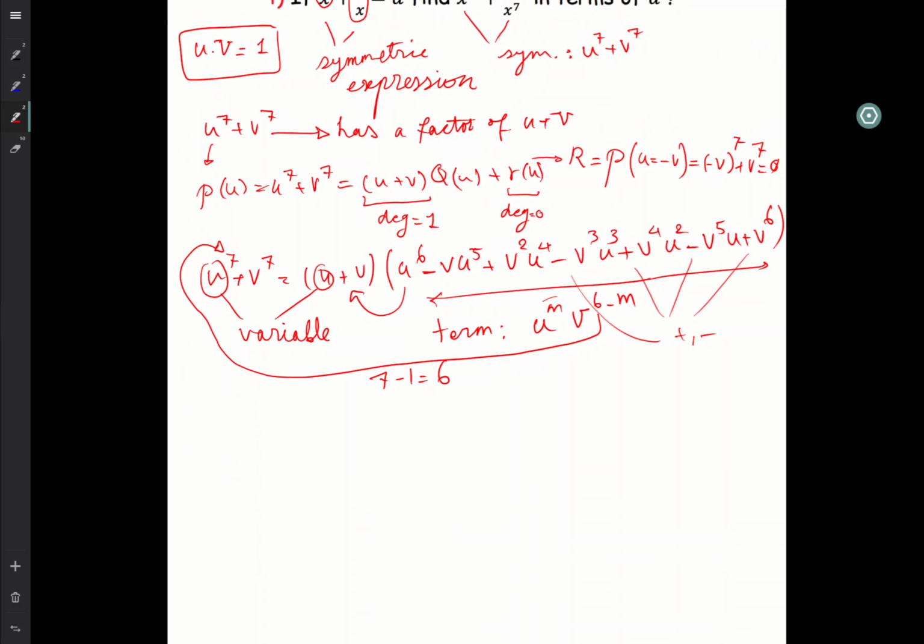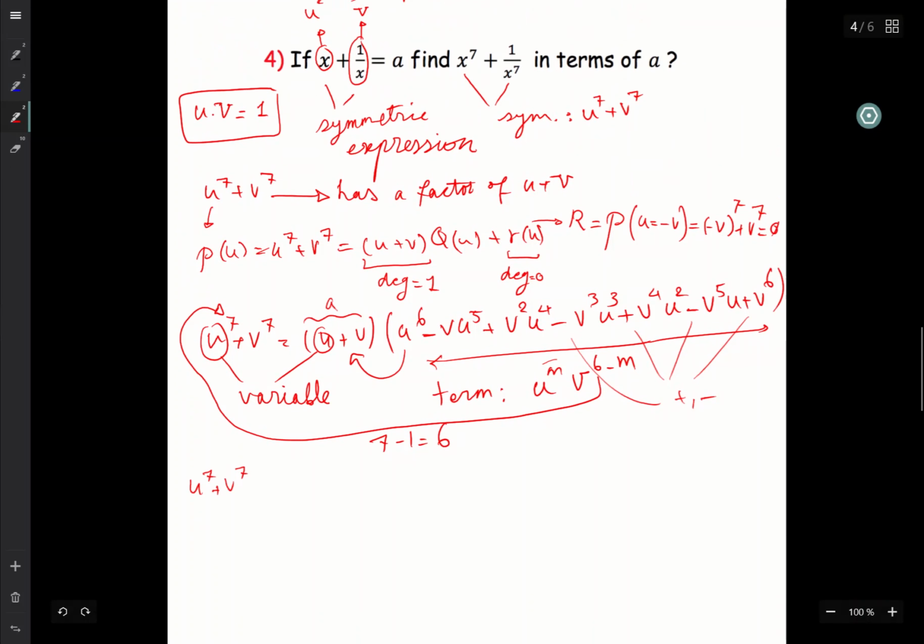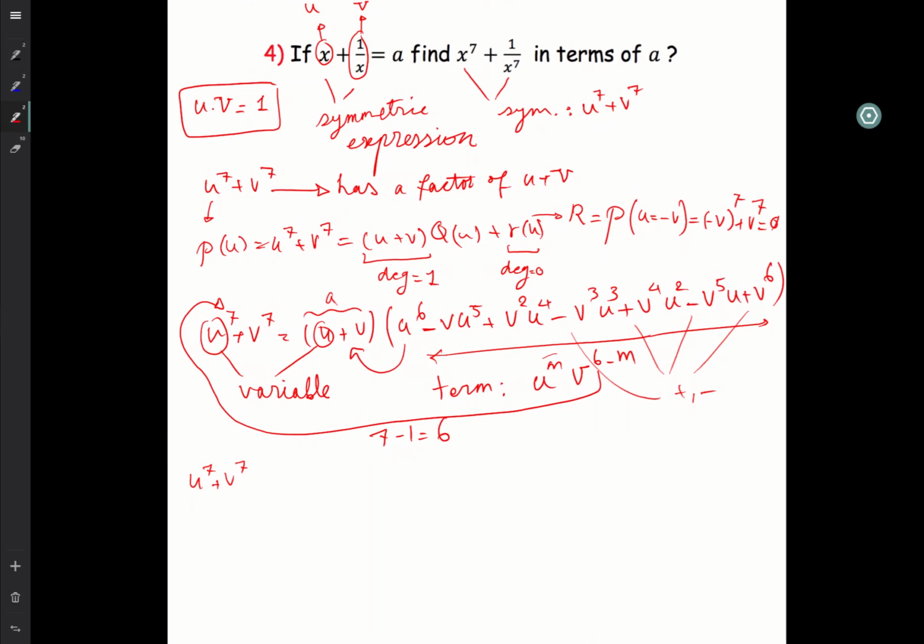So what we're going to see here is that u plus v is a, but then u to the 7 plus v to the 7 is basically equal to a times u to the 6 minus v times u, which is 1, right?